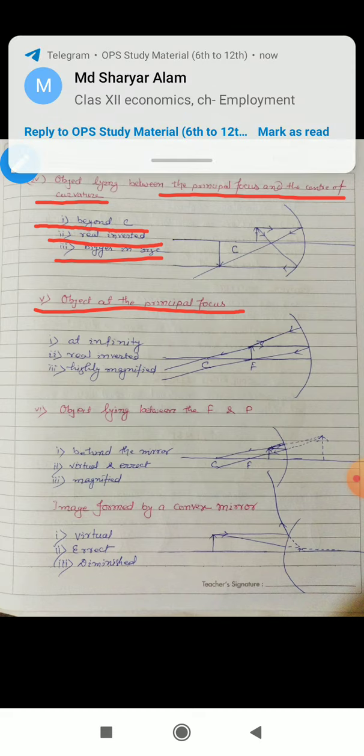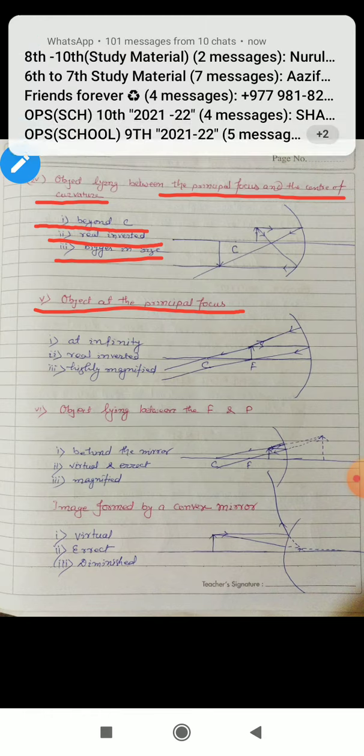So here, after reflection, both the reflected rays do not intersect. They move further. That means after reflection, both the rays become parallel. That means they will never intersect.